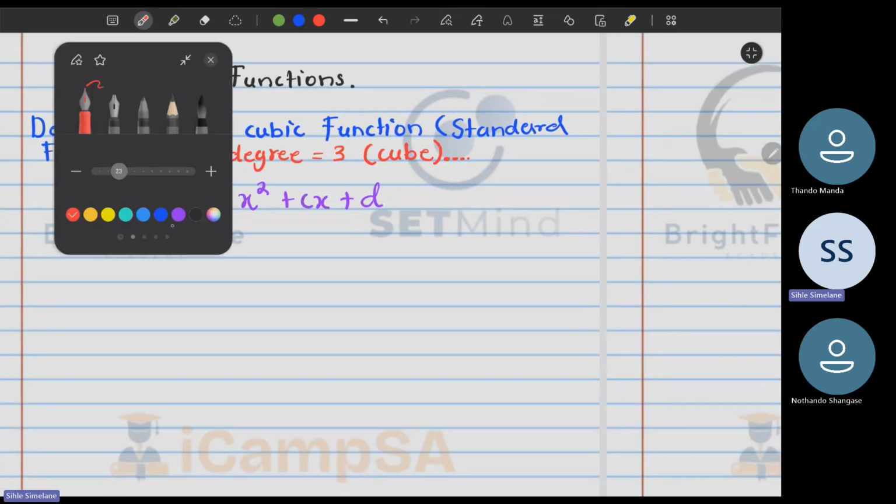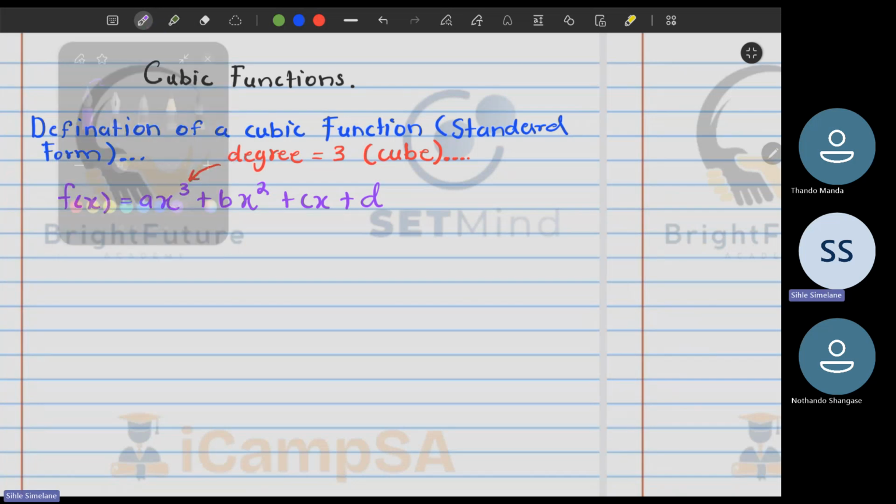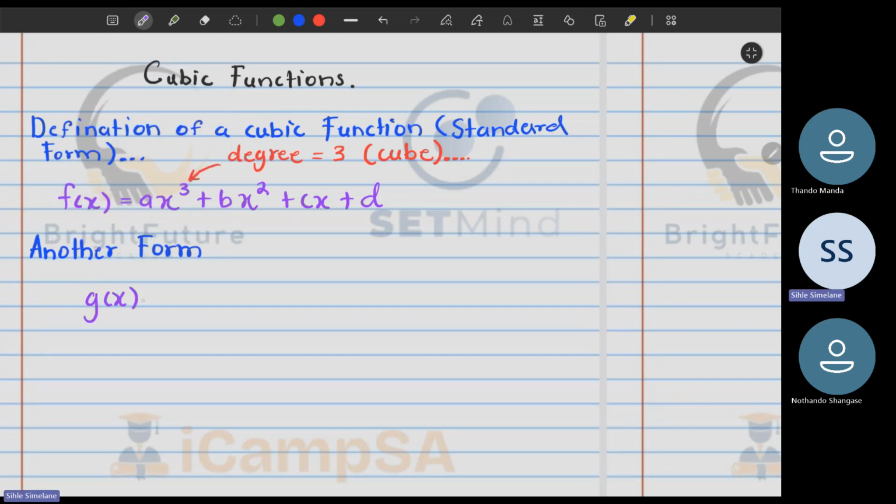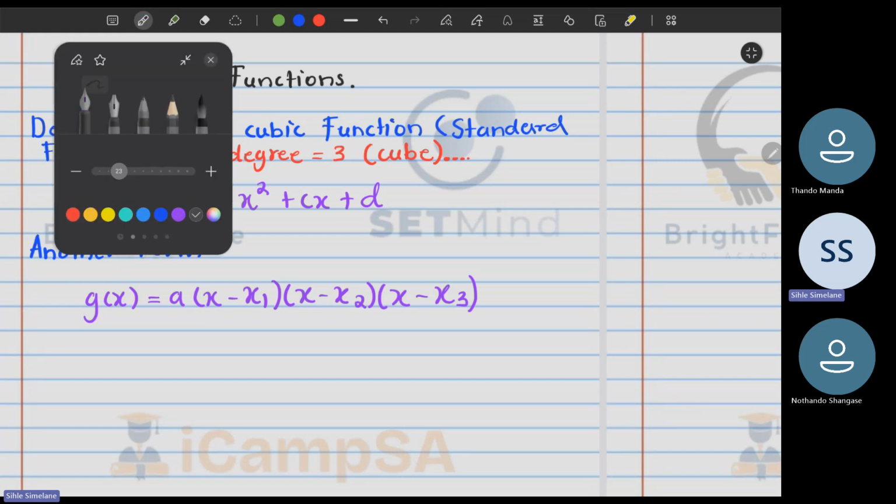So you have the standard form, but you also have another form of a cubic function. So they can either give it as that or they can give it in another form. So what is the other form? They can give us our cubic function as g of x equals a into x minus x1, as an example, x minus x2, and then x minus x3. So this here also still represents our cubic function, okay?